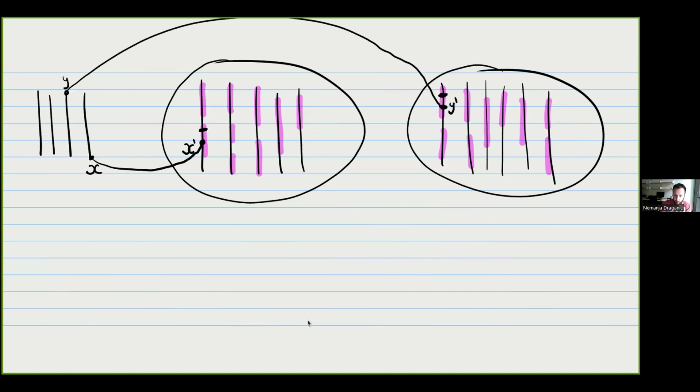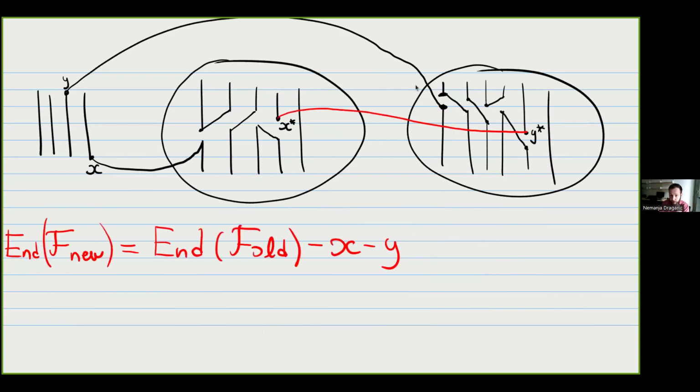Okay. So just to see again what happened here: I changed this endpoint x for an endpoint x prime, and I changed this y with an endpoint y prime. I did some rotations until I reached the specific vertex x star, and here I did some rotations till I reached this vertex y star, and I have an edge here. So globally, I changed x with x star, and y with y star.